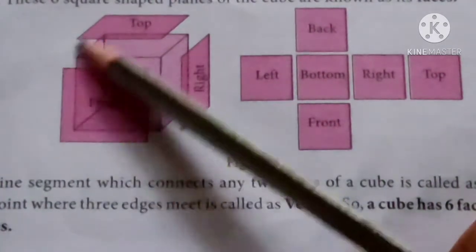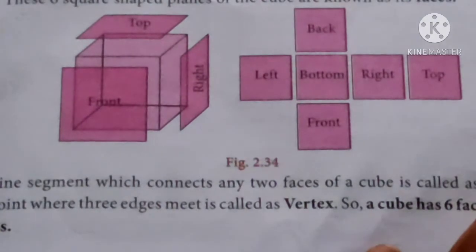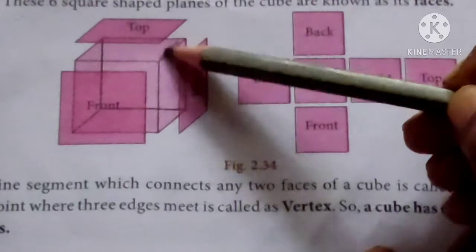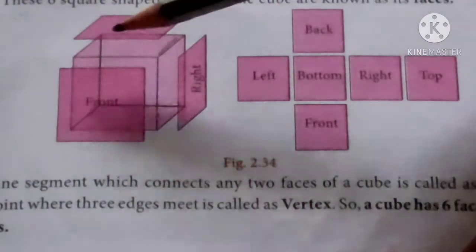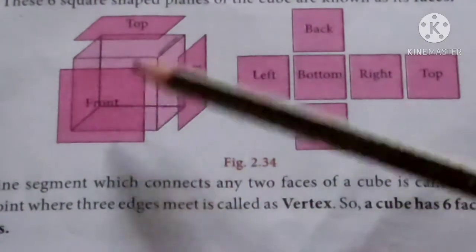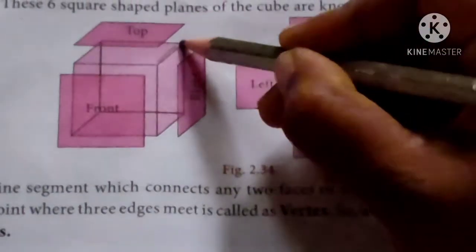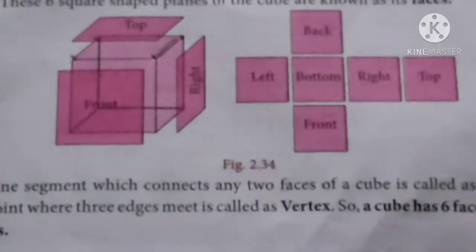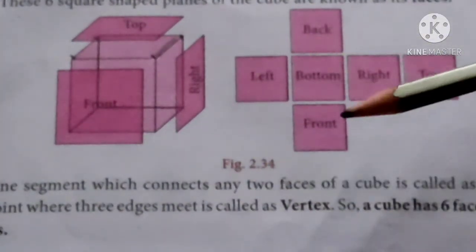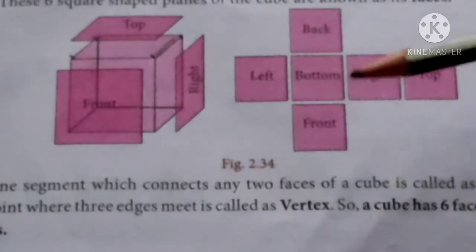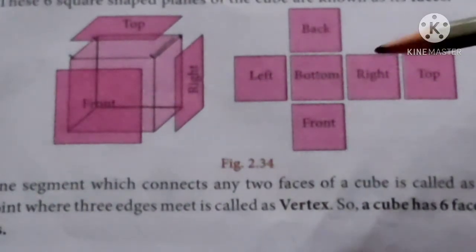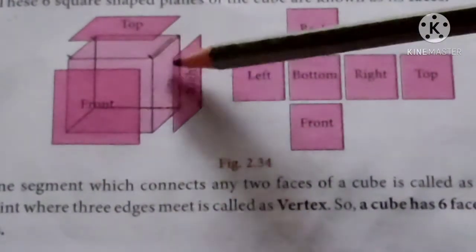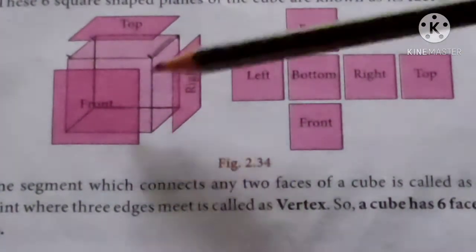A line segment which connects any two faces of a cube is called an edge, and each corner point where 3 edges meet is called a vertex. So a cube has 6 faces, 12 edges and 8 vertices.